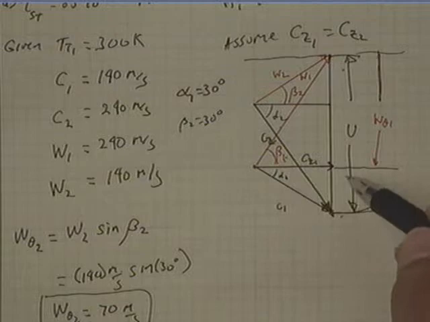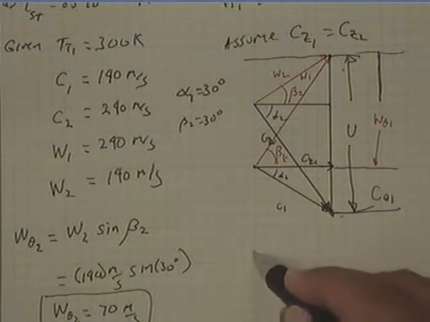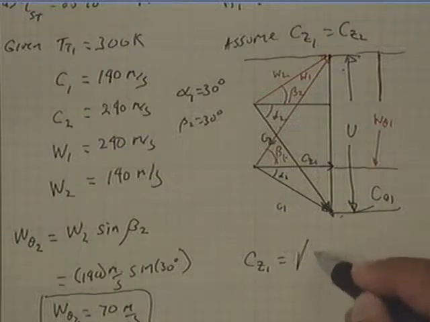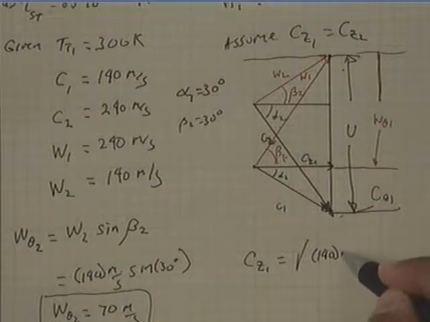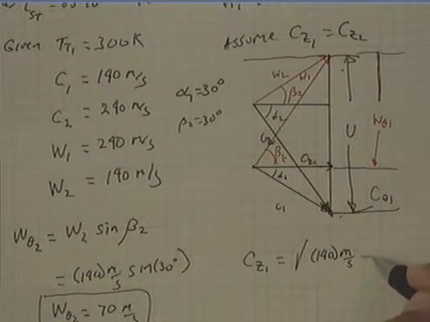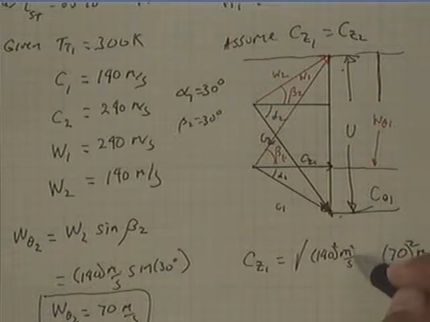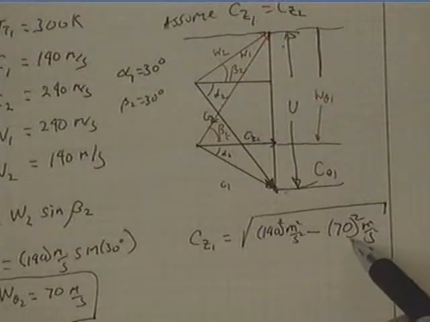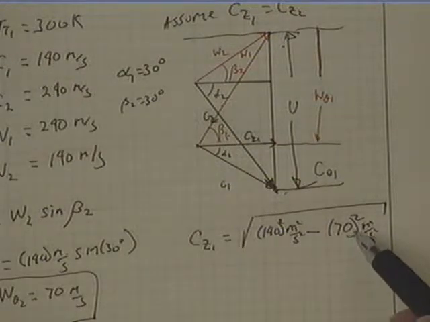Since I know alpha 1 now, and I know C1, I can get CZ1, which is nothing more than the square root of 140 meters per second squared minus 70 meters per second squared. Actually, you're going to say, well, where did you get this 70 from? You haven't calculated C theta 1 yet, and you're right.